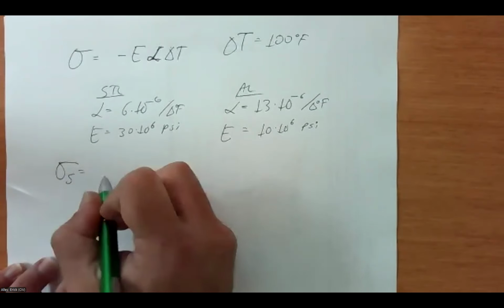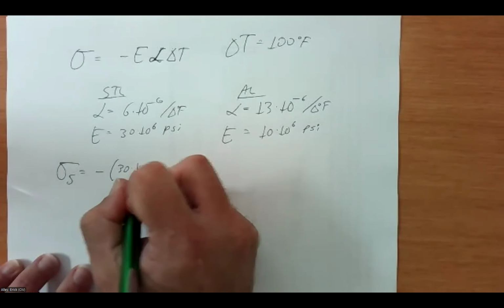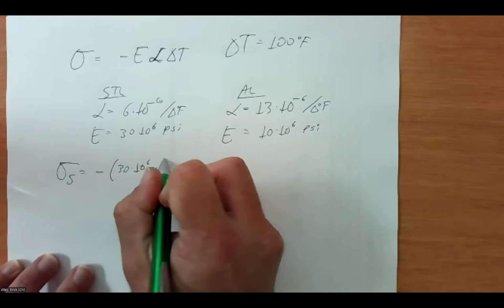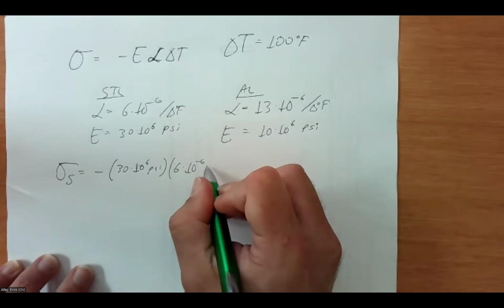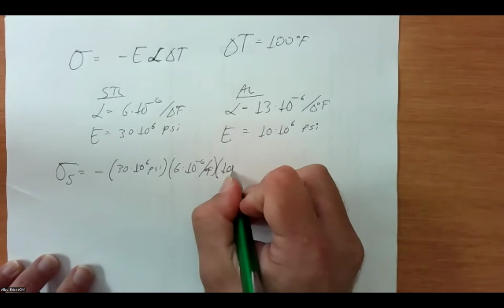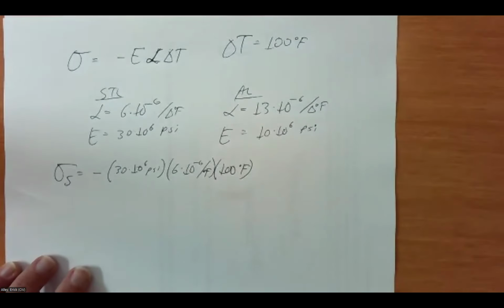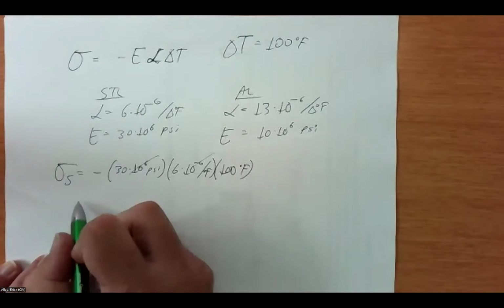So sigma for steel, if I plug in all my numbers here, I've got 30 times 10 to the 6 PSI, 6 times 10 to the negative 6 per F, and then 100 F for my delta T. The 10 to the 6 and the 10 to the minus 6 cancel off.